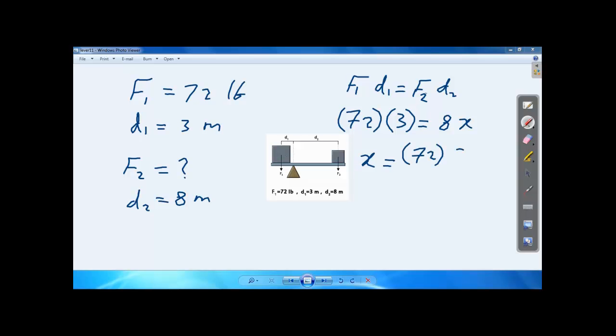So x is equal to 72 times 3 divided by 8, and this is equal to 27 pounds. So we need to apply 27 pounds on the side of the lever we call F2, so we can lift the other side, which is 72 pounds.